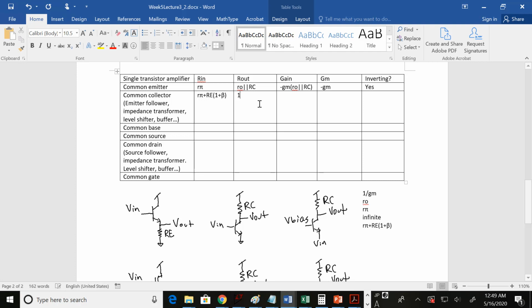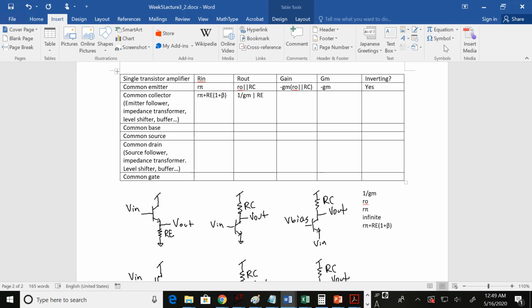So this is 1 over GM parallel with RE, but 1 over GM is so small that in 99 cases out of 100, you can just write that as 1 over GM.